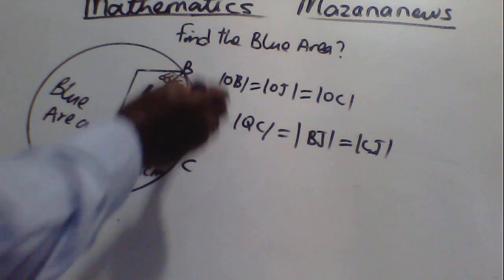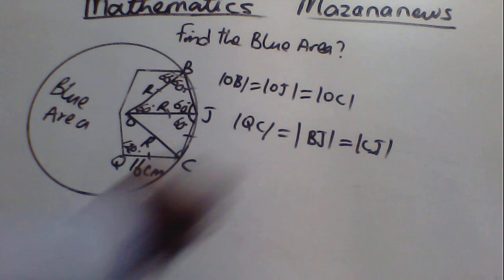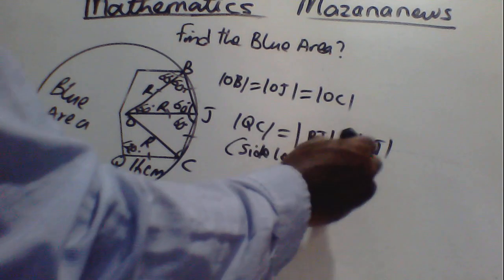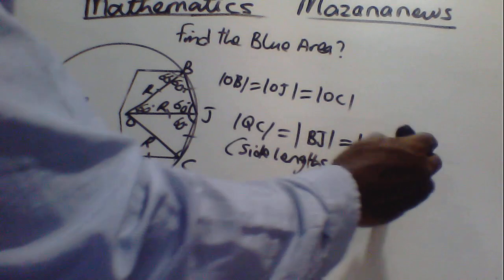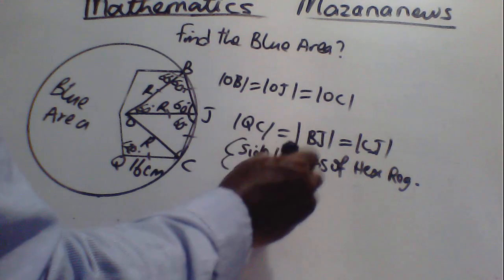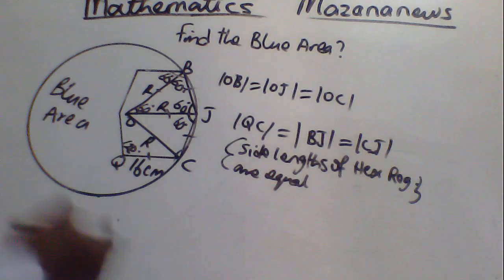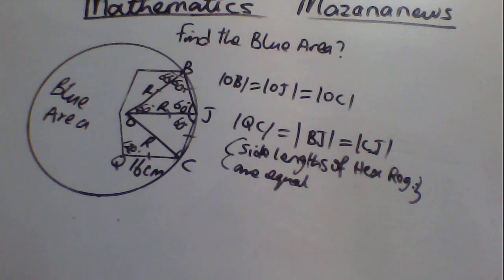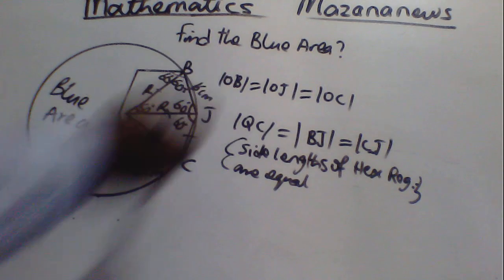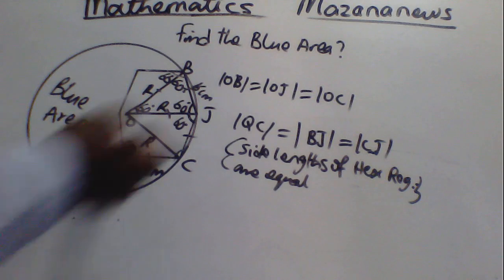They are all sides of the hexagon. The side lengths of a regular hexagon, remember to put regular, are equal. So they are equal, which means here will also be 16 cm.